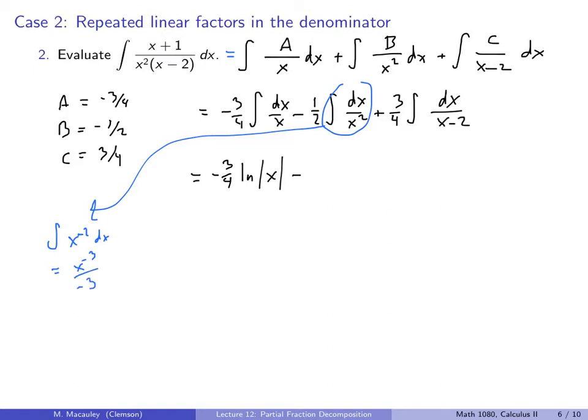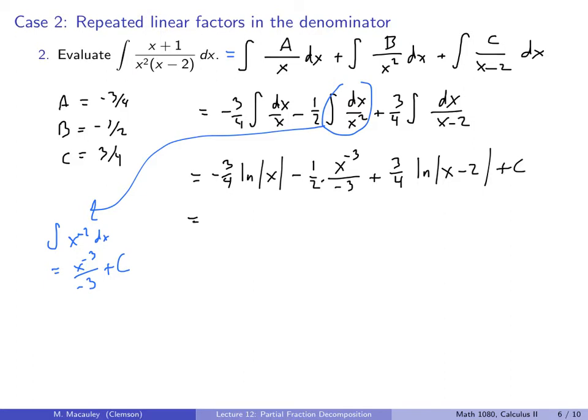I don't have to worry about a constant, but let's put the constant there for completeness, or maybe it's a slight OCD thing on my part. So this is minus 1/2 times x to the negative 1 over negative 1 plus 3/4 natural log of x minus 2 plus c.